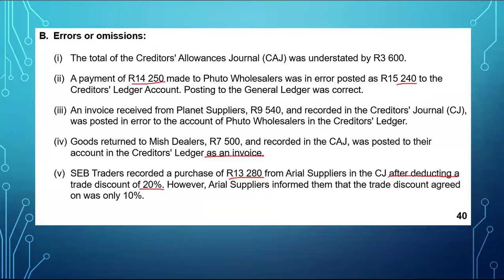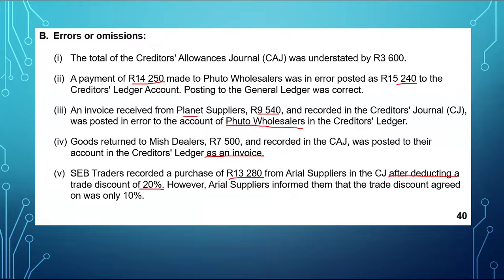The other one was number... They say the next one was an invoice to Planet Suppliers for 9,540. And it was recorded in error in Puto Wholesalers account.